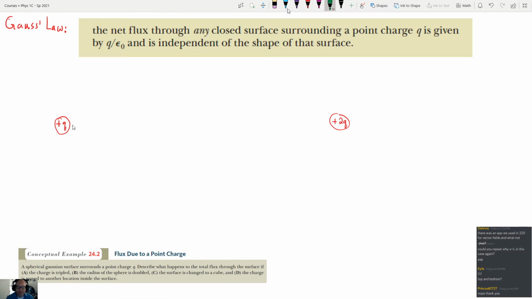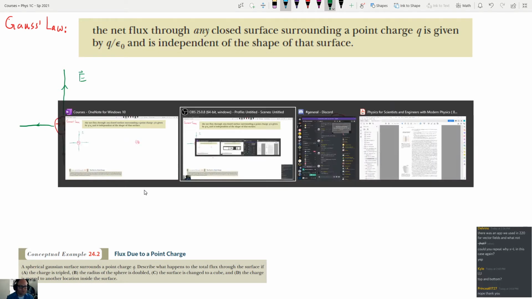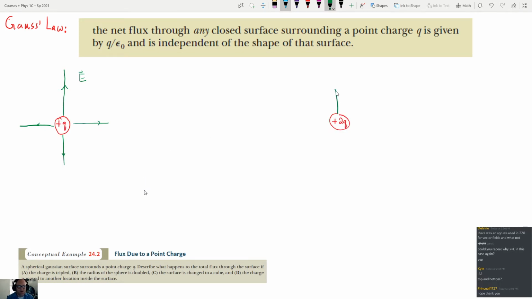So for this one, just to keep it simple, I draw 4 field lines coming out. What was the rule I told you last Thursday? How many field lines should I draw coming out of the positive 2Q charge? 8. Exactly, we should have twice as many.